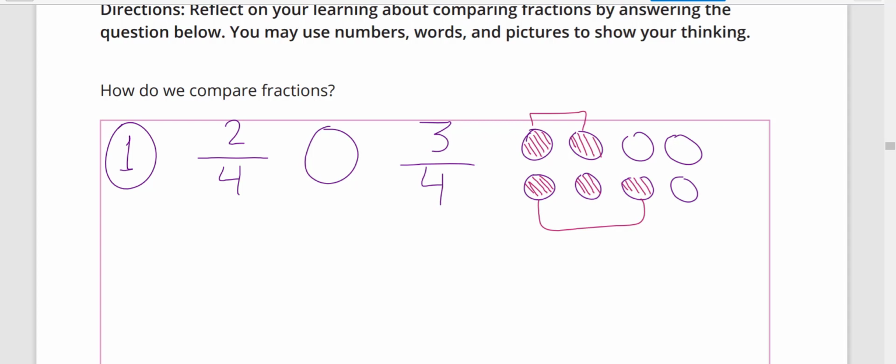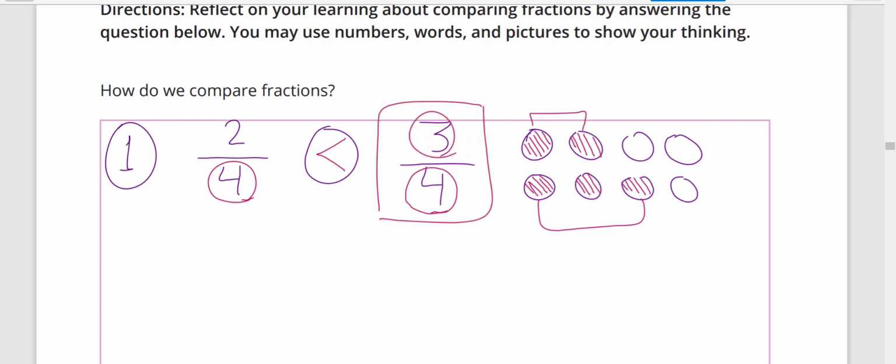I note that 3 dots is greater than 2 dots, so 2/4 is less than 3/4, because the denominators are the same and the numerator is greater, so this fraction is the greater fraction. Okay?